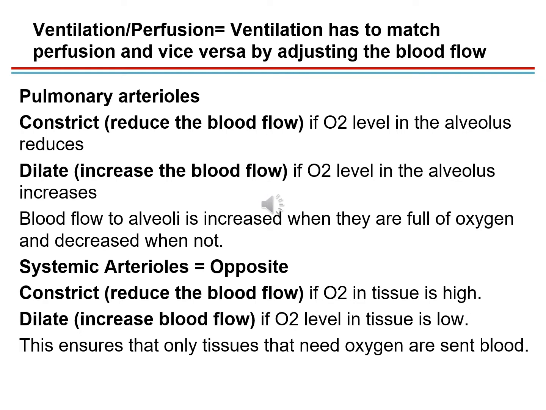In those systemic arterioles, exactly the opposite happens. Now, what happens in the systemic arterioles and why? Keep in mind that these arterioles are the beginning of capillary beds in the tissues. What happens with the tissues?